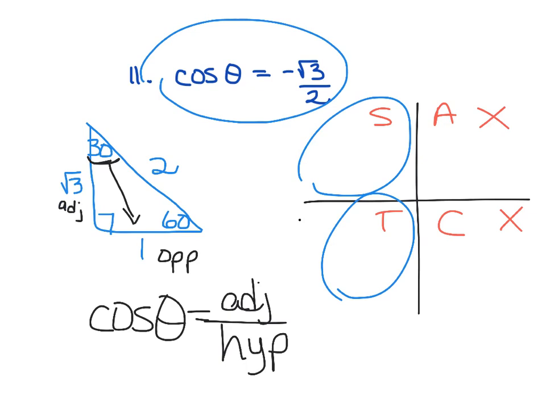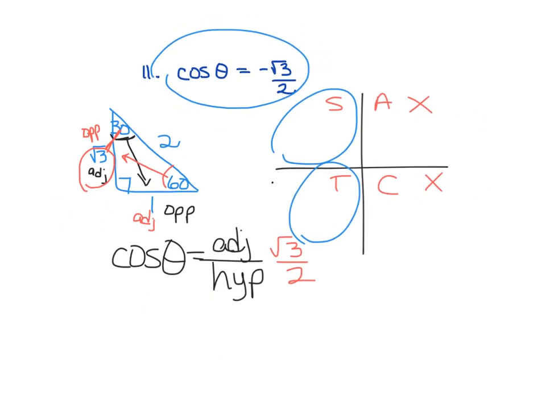But for the 60, the opposite is root 3, and adjacent is the 1. Does that make sense? So I have to figure out which one, either the 30 or the 60, has the square root of 3 as the adjacent, because that's what should be right here. Hypotenuse is 2. So in this particular question, I can see that the adjacent is going to be the 30 that has the root 3.